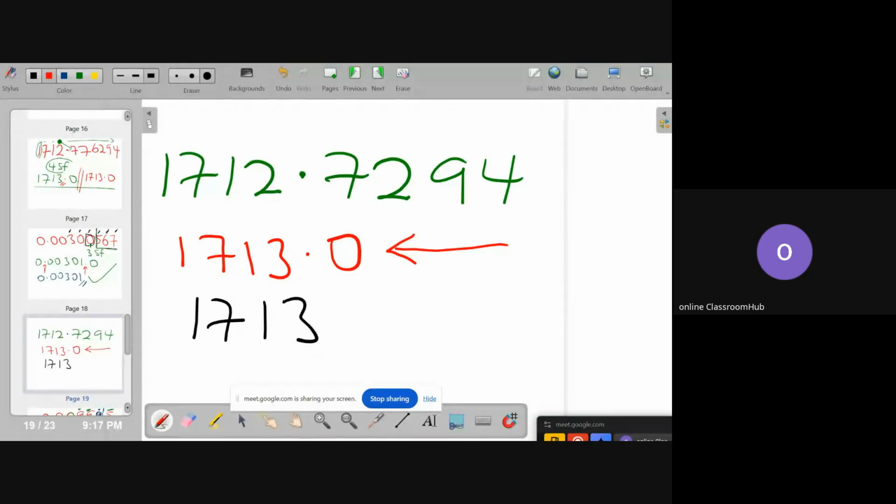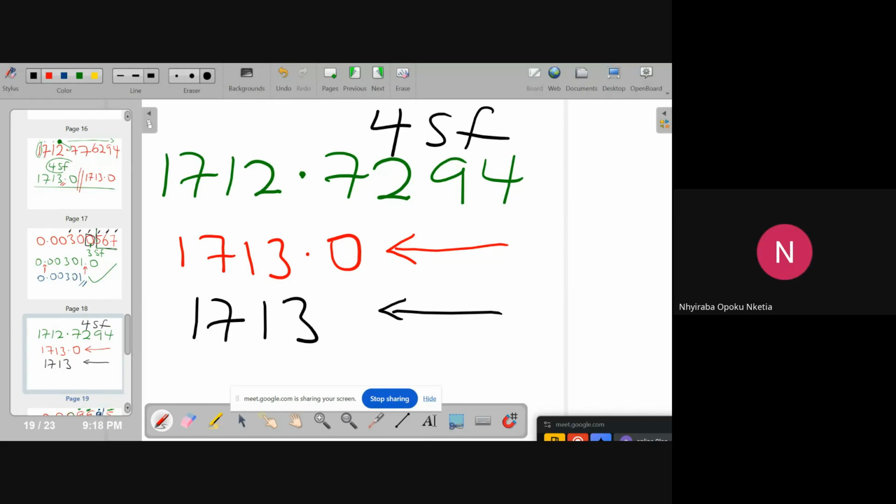Then Cherish will also defend why the answer should be 1713. So anyone for the red pen? Anyone to defend the red pen? Let's hear you, my dear.